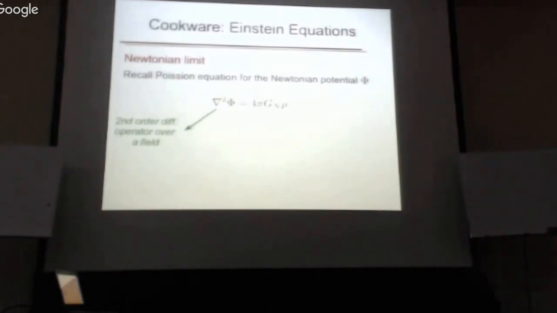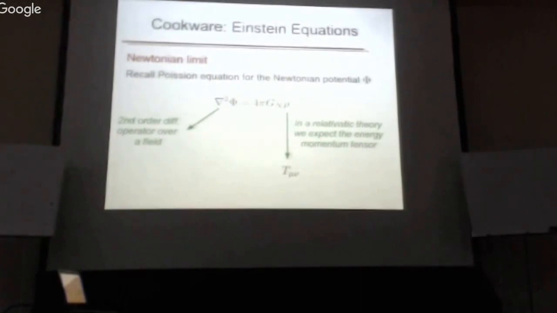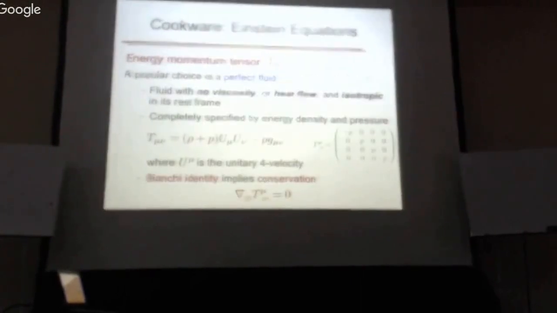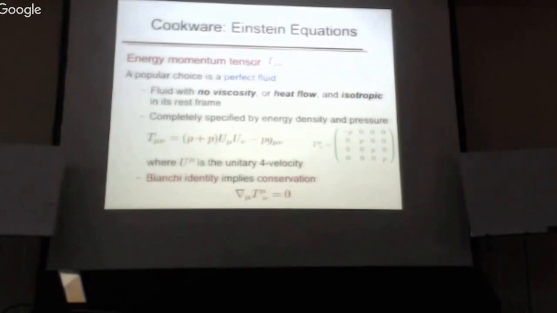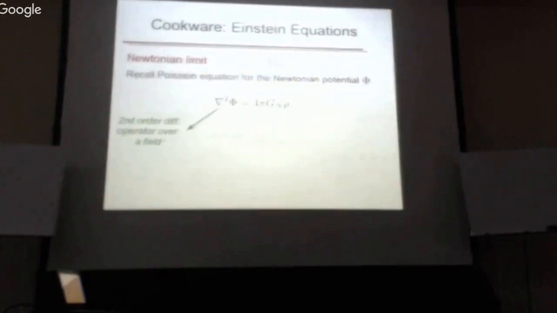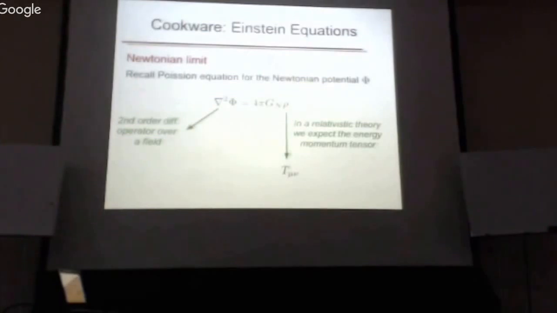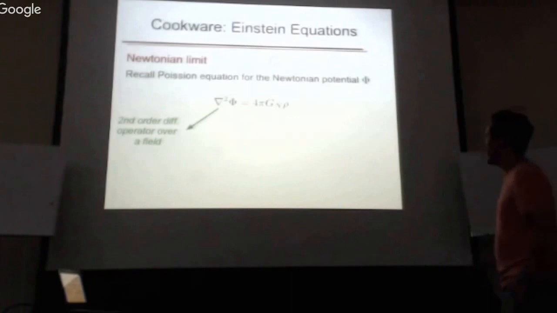So now look, this is a second order differential operator over some quantity, some function. Not only that, remember the energy momentum tensor of the fluid, one of the components has the energy density. So it will be natural to relate this right-hand side of Poisson equation to the energy momentum tensor when we put more indices in that equation.